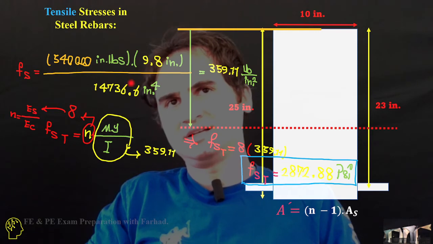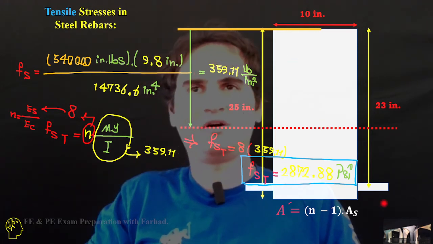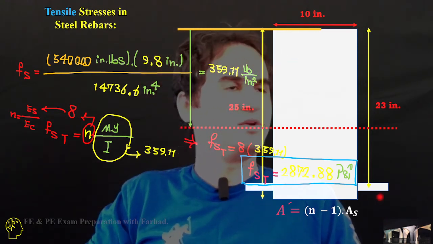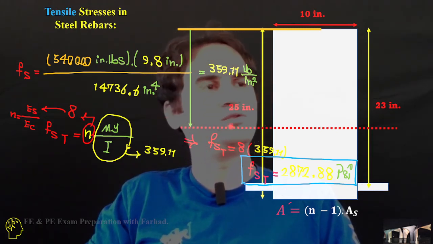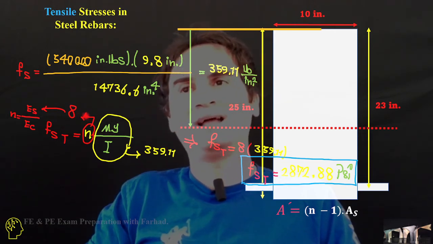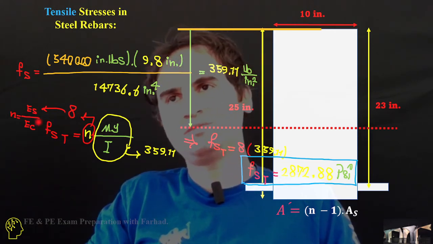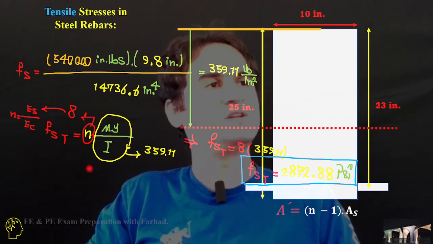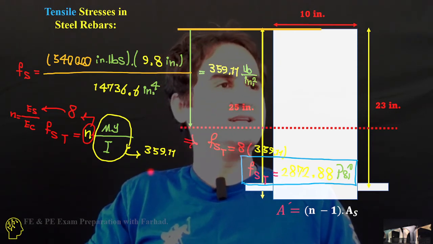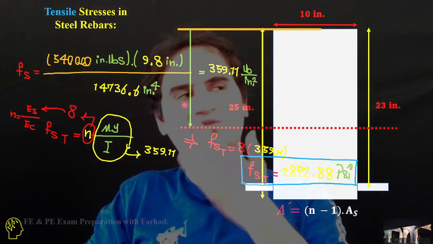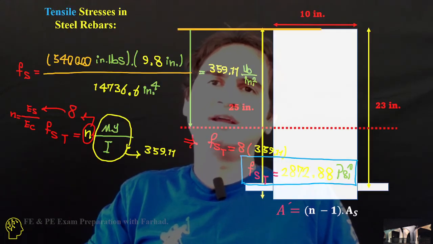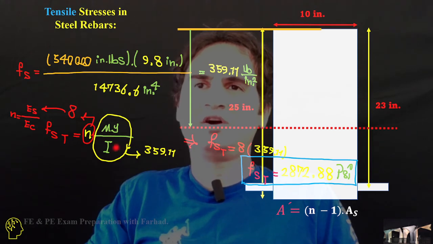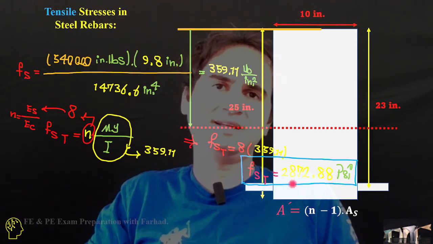This Fs was calculated based on the equivalent concrete, so we need to multiply it by 8, the modular ratio of steel to concrete, because we know the steel stress is much higher than the equivalent concrete stress. So that's 8 times 359.11.